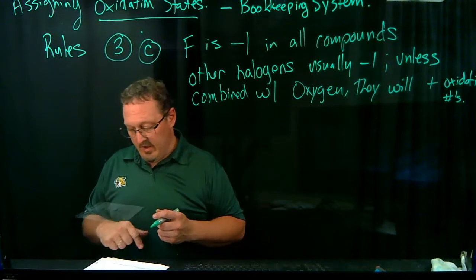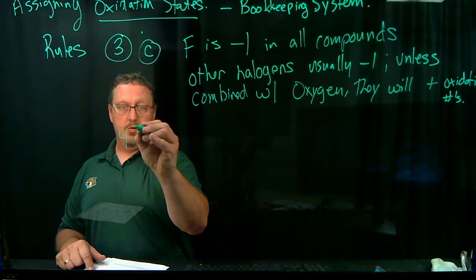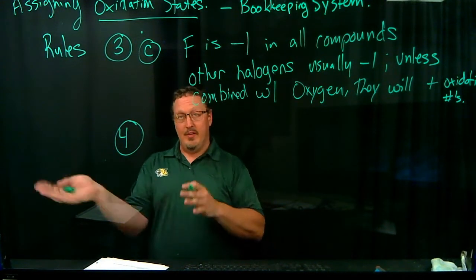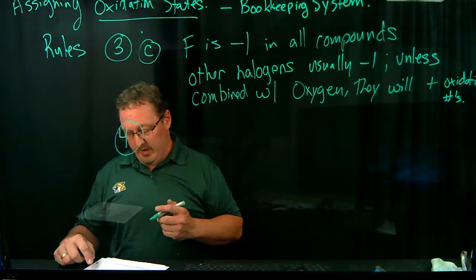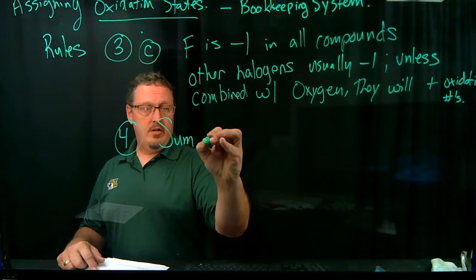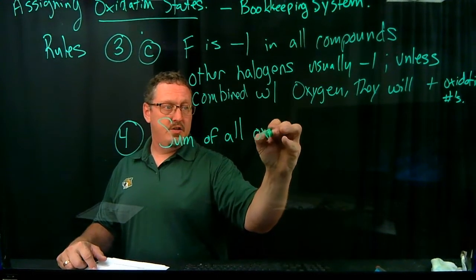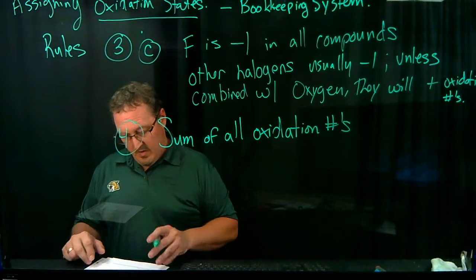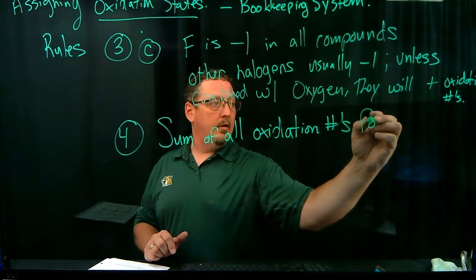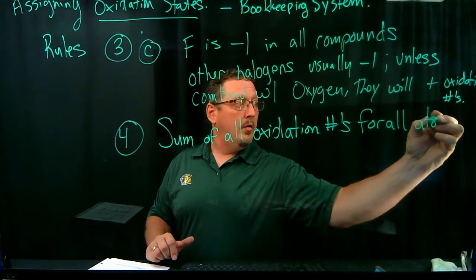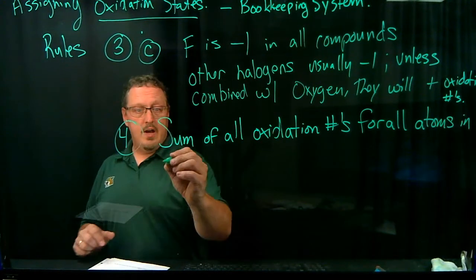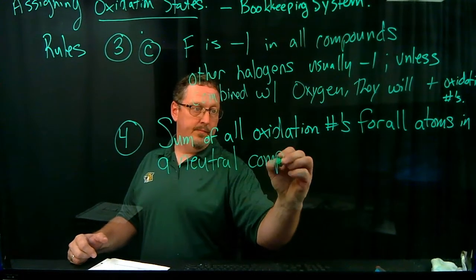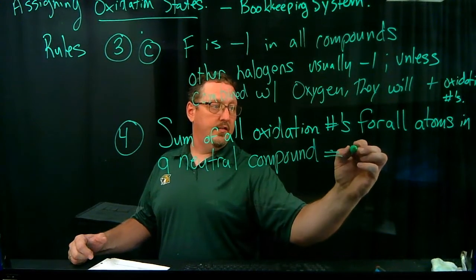Okay? And then rule number 4, and this is the important one here. And so really what we're looking for is these are like guidelines to add them up, figure out how much they are, so we can figure out how many electrons are transferring away from somebody. Okay? So the sum of all oxidation numbers for all atoms in a neutral compound equals 0.